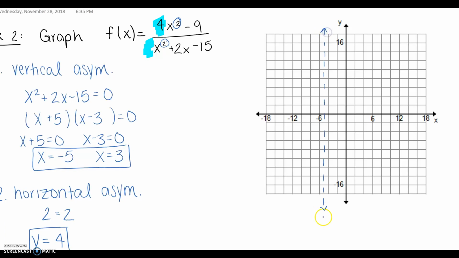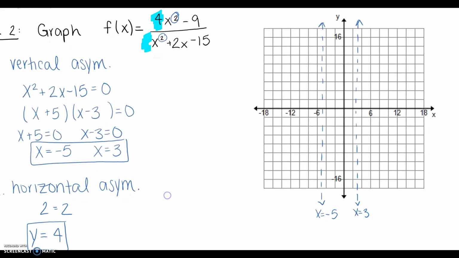So there's my vertical asymptote. Then I've got another vertical asymptote at 3, between 2 and 4. Actually, I'm going to make that a little longer. Now our horizontal asymptote is at y equals 4.